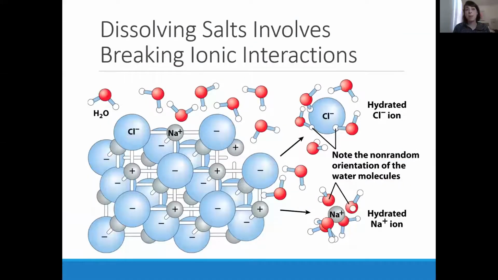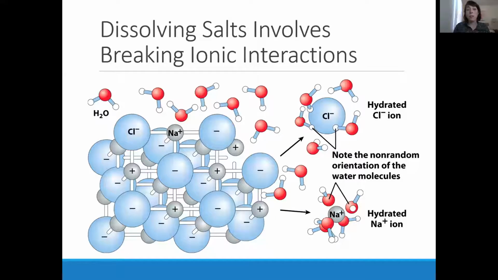An example of these non-covalent bonding interactions is the dissolving of a salt. Dissolving involves breaking one type of non-covalent interaction, which is an ionic interaction. Salts are held together by positive and negative atoms that are interacting. So that's an ionic interaction.